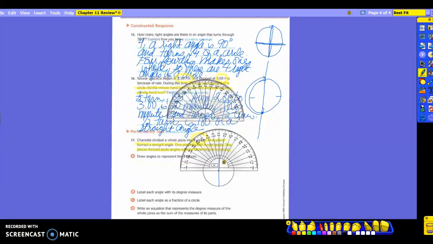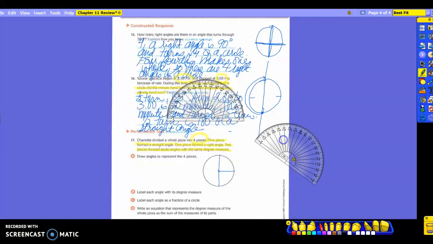Over there, it'll be nice and straight that way, okay? So then I'm going to draw my 90 degrees. It doesn't matter which side, does it? As long as you're drawing it all on the same side. So don't draw your 90 degrees on this side and then draw your other ones on the other side. Draw it all on the same side because this one over here has to stay with what? Right, why do I have 2 of these?